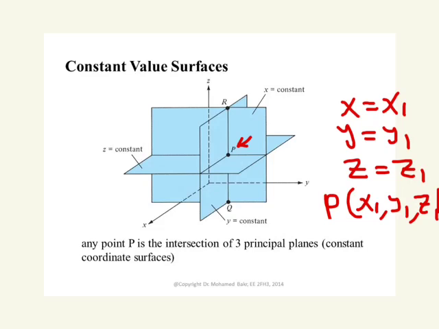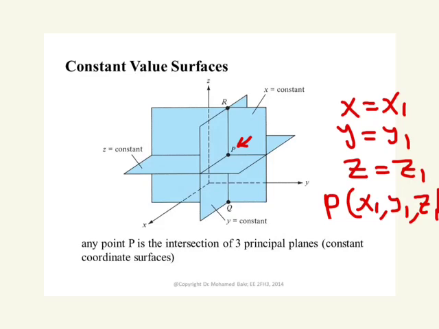So constant value surfaces in Cartesian coordinates are really planes. And every point in a Cartesian coordinate system can be looked at as the intersection of three constant value surfaces. Of course, if you intersect only two constant value surfaces, you get a line.